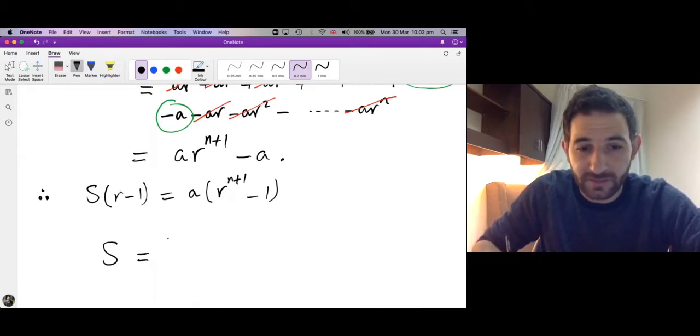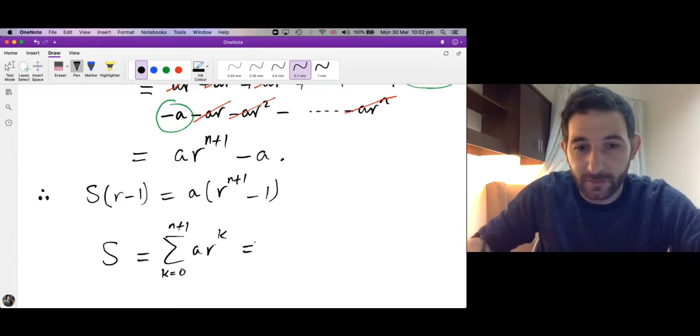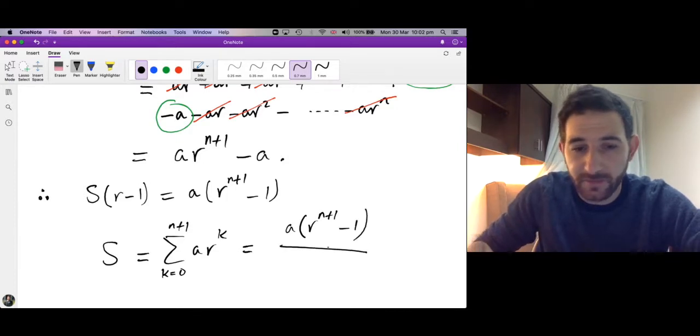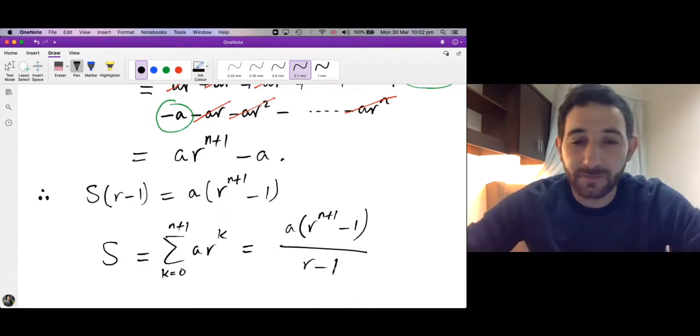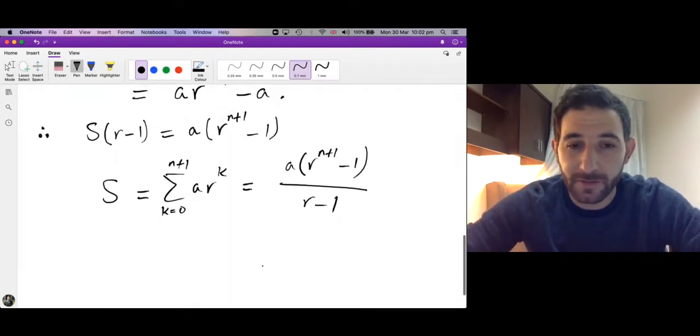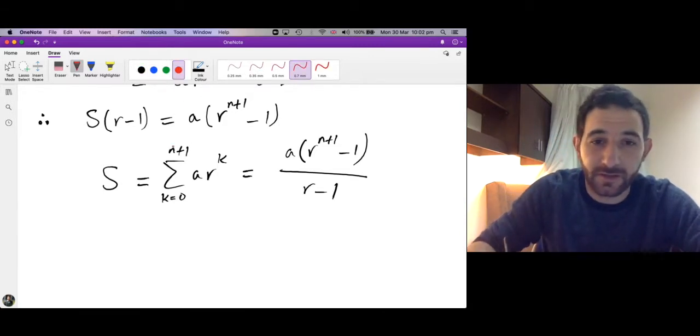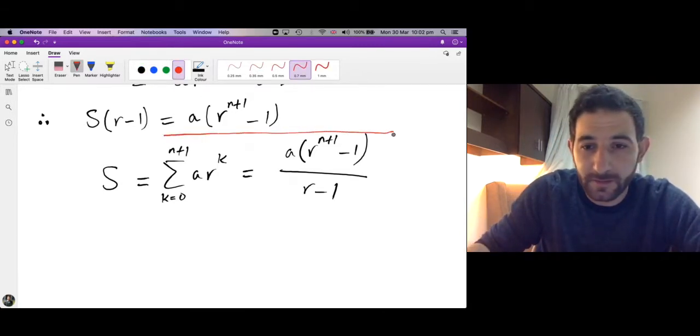So S, which is the summation of AR to the power k, where k ranges from 0 up to n, is equal to A multiplied by r to the n plus 1 minus 1, all divided by r minus 1. See, we found the formula for this summation. Let me put it in a red rectangle.